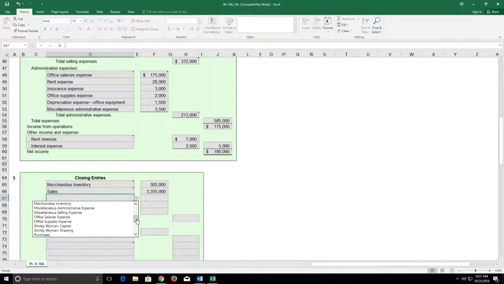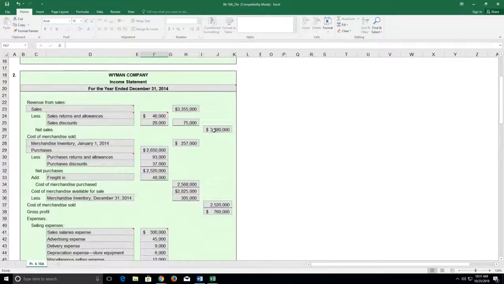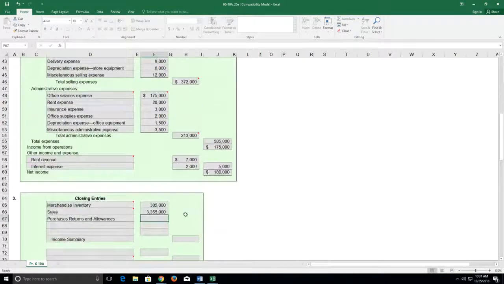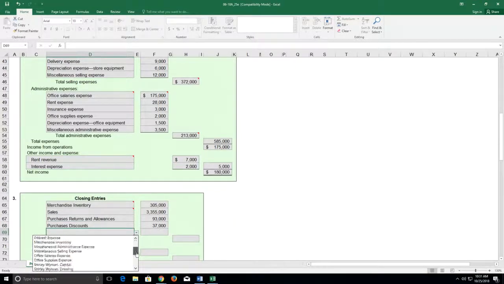Yes, because that's money back to us. Purchase returns and allowances and purchase discounts is money back to us. So 93,000. Because that's money that comes back to us that we don't have to pay out. So it's revenue.